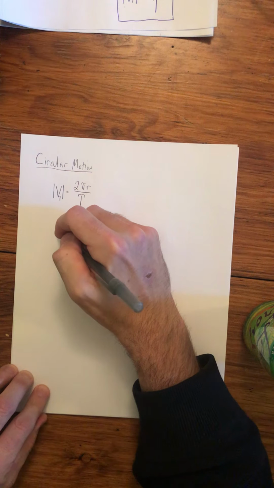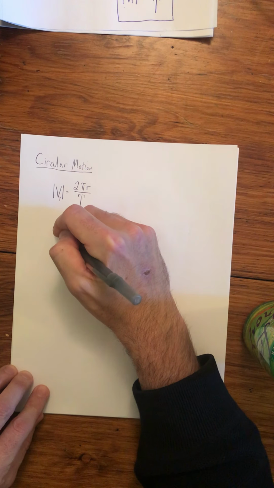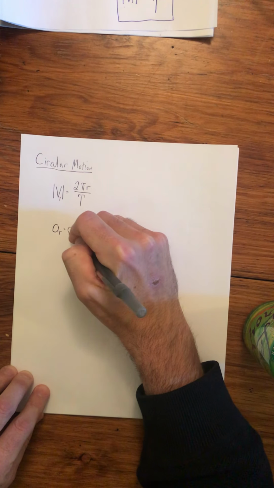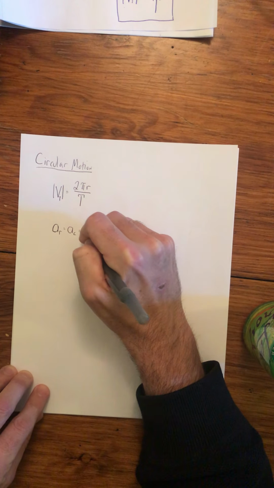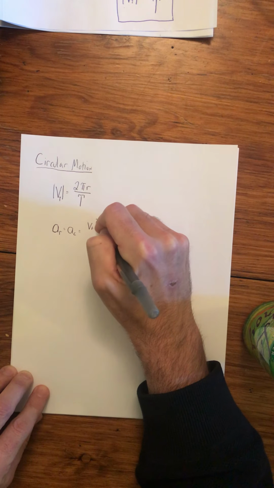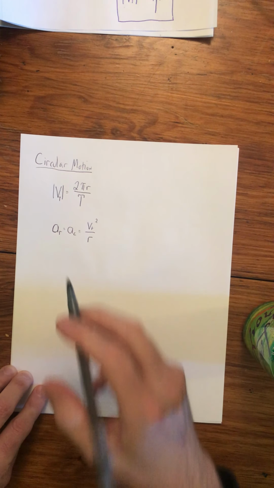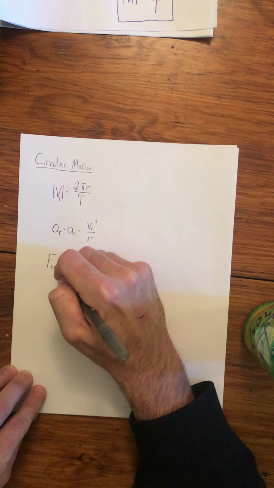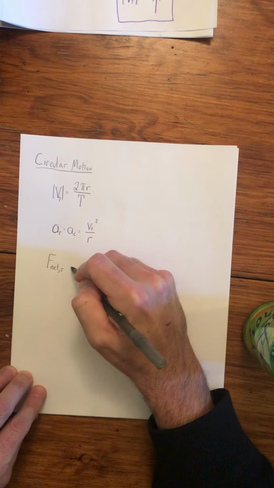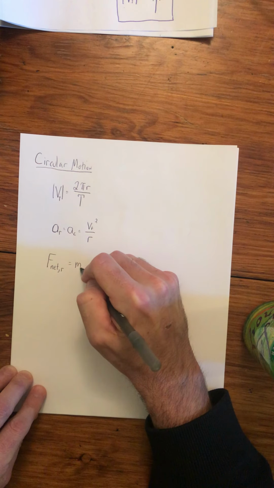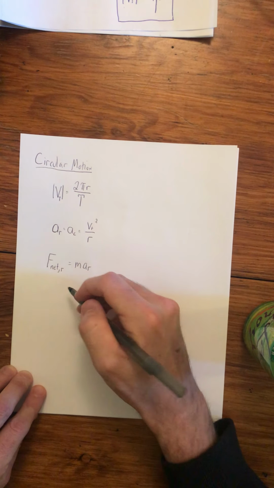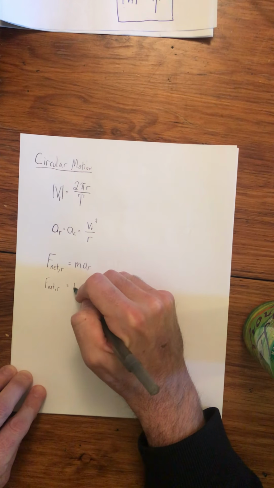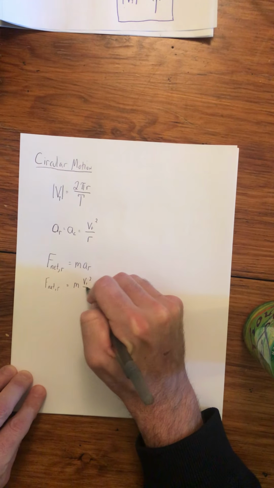We also saw that the acceleration that something experiences when it's in circular motion is the radial acceleration, also called the centripetal acceleration, and that was Vt squared over r. Meaning that when we come back to talk about the net force in the radial direction, that's going to equal m a_r, or if we want to write that in a different way, the net force in the radial direction is going to be equal to m Vt squared over r.